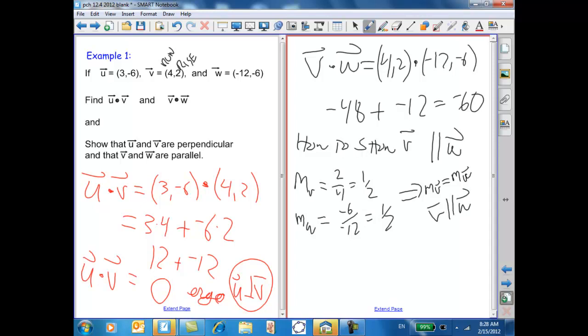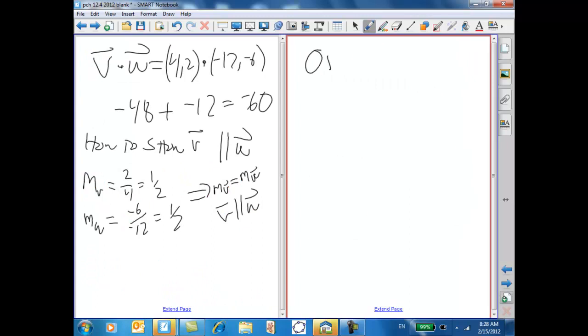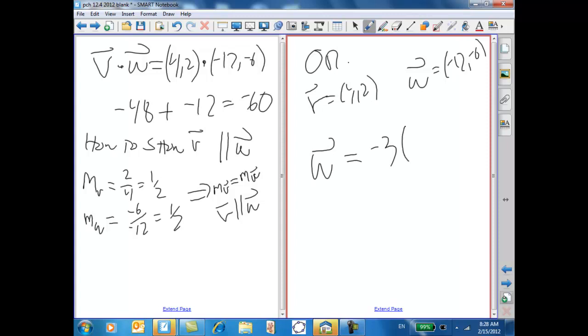But there's an easier way. What was V again? 4, 2. And W is negative 12, negative 6. So W looks like it's negative 3 times 4, 2. Right? I factored the negative 3 out.